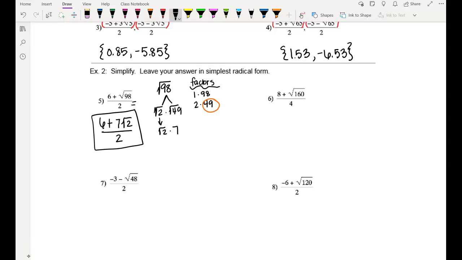So the square root of 160. Again, we need to see, are there any perfect squares in that 160? Well, 1 times 160.